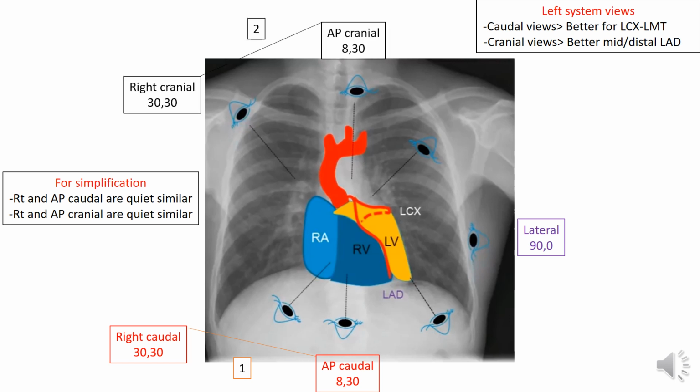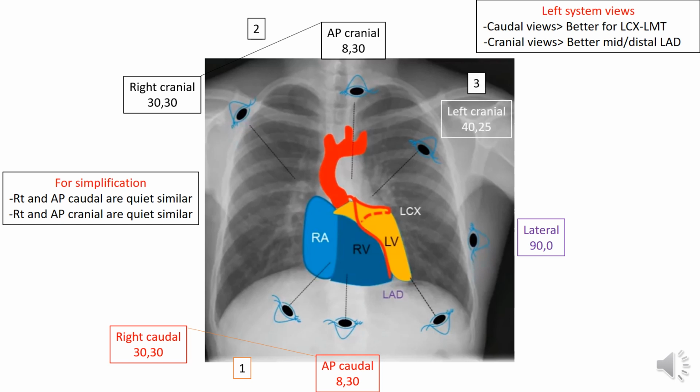The second orientation is the epicranial and right cranial view. Here we are looking at the heart from the head side of the patient. These views are aligned more with the interventricular septal groove. So in these views we will find the LAD running along the picture from the cranial to caudal direction.